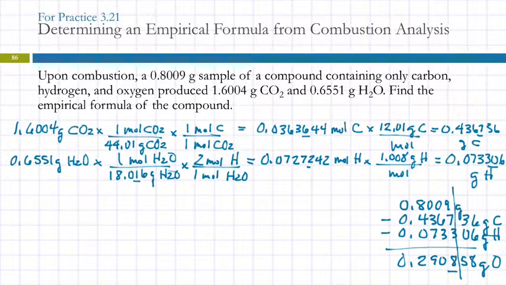So I'm going to take my mass, 0.290858 grams of oxygen. I want to get to moles of oxygen, so I'm going to multiply by 1 mole over 16 grams.